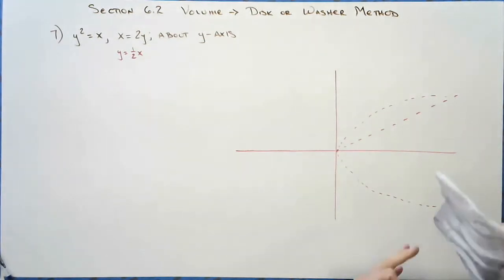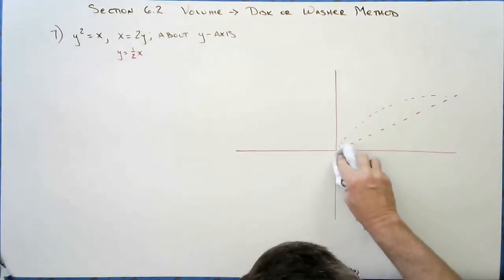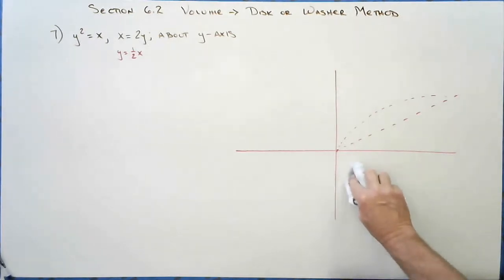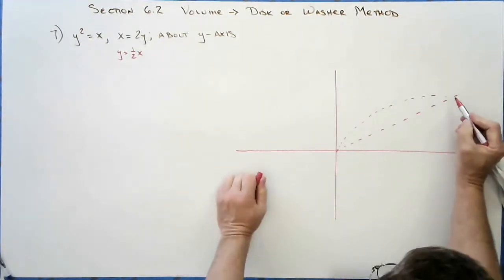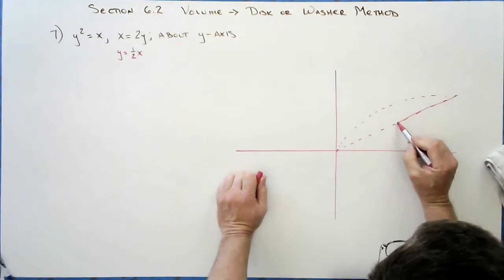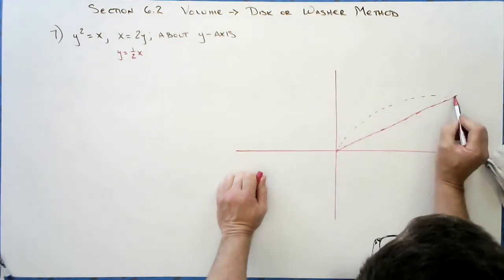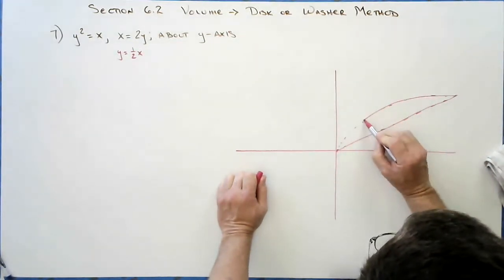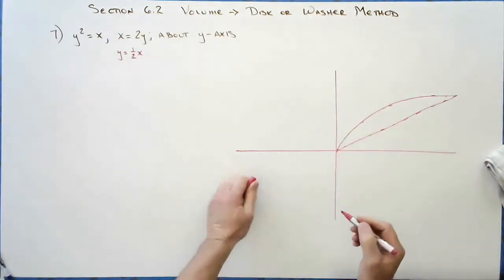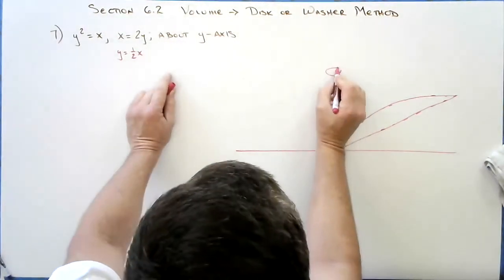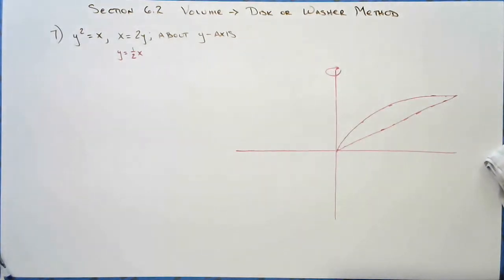So we can erase this. This is going to be our closed region right here. And we're going to indicate that we're rotating around the y-axis by putting our rotation symbol on the y-axis.